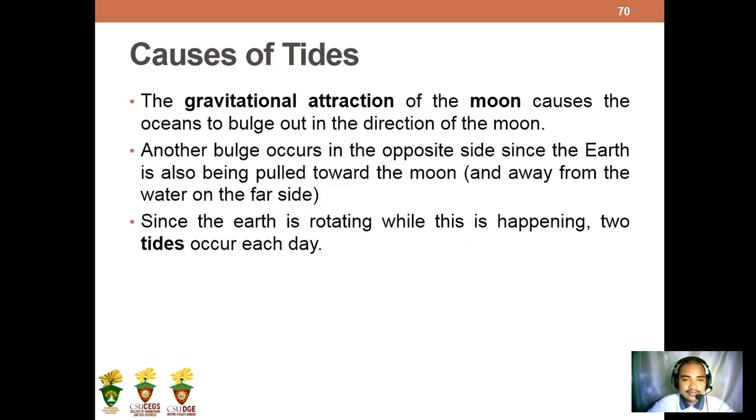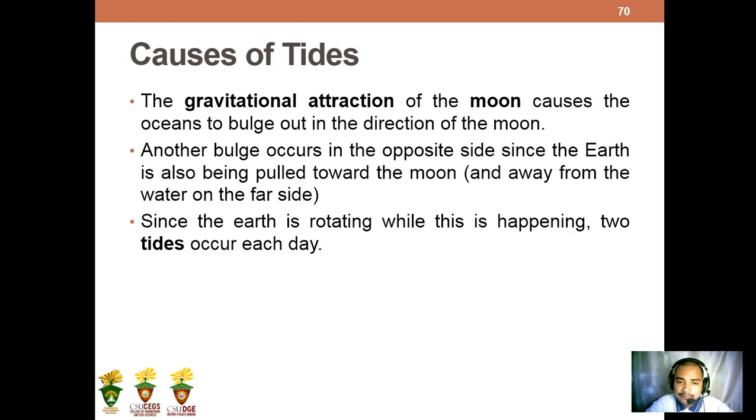So let us proceed to the causes of tides. The gravitational attraction of the moon causes the oceans to bulge out in the direction of the moon. As I introduced a while ago, two heavenly bodies such as the moon and the earth have gravitational forces, and they attract each other.